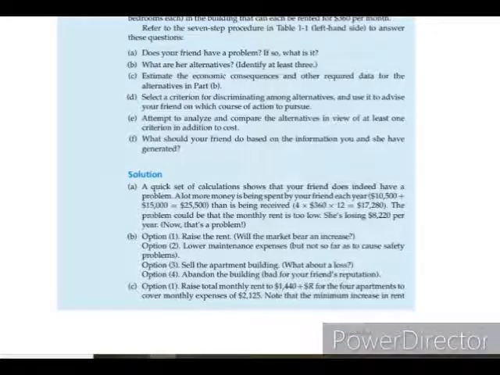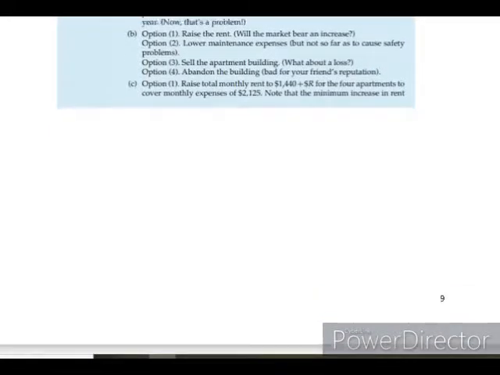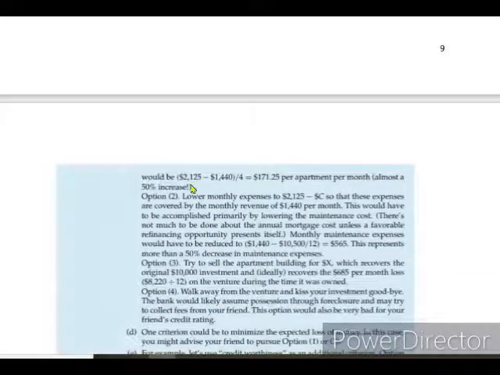Note that the minimum increase in rent would be the difference of 2,125 and 1,440 divided by 4 because we have to divide that to all apartments. Yes, it is per apartment. He will raise $171.25 per apartment. Okay, per month, almost a 50% increase.